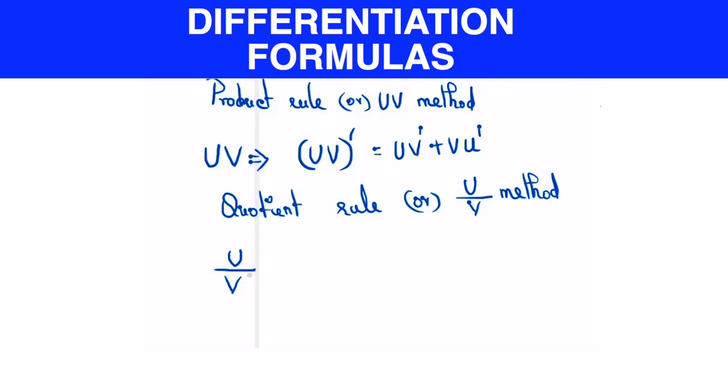If these two functions are there, then their differentiation is written as u by v the whole dash, which is equal to v dash... then that is going to go in the denominator. In the numerator, look, v u dash minus u v dash.